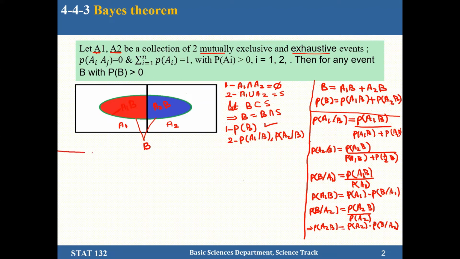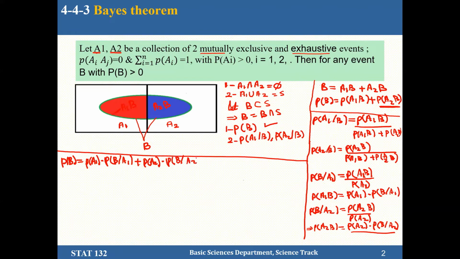So P of B equals P of A1 multiplied by P of B given A1, plus P of A2 multiplied by P of B given A2. This one we call the partition rule.